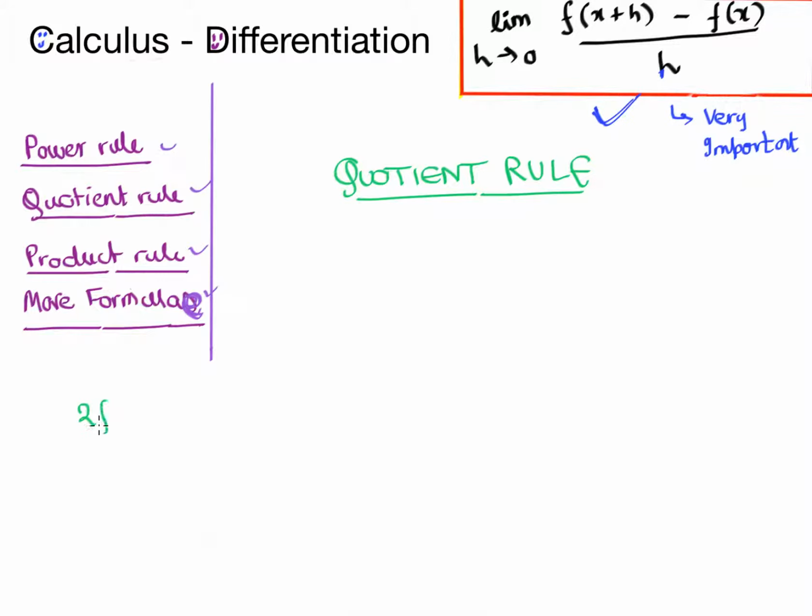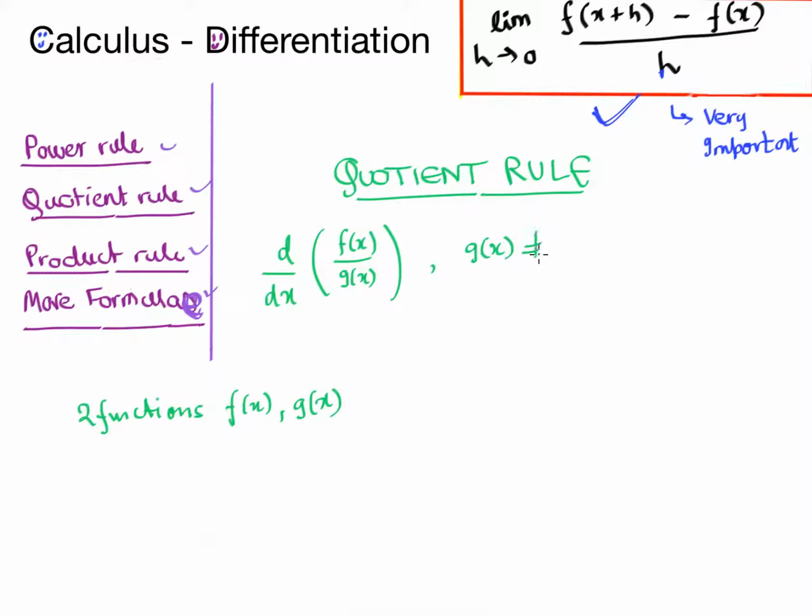Remember, two functions. Let the functions be f of x and g of x, and when they are divided, we use it to find the derivative. So we have d by dx of f of x divided by g of x, given that g of x does not equal 0, because if it does equal 0, it'll be undefined.